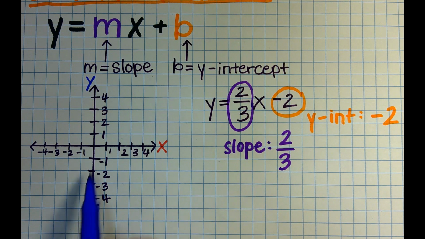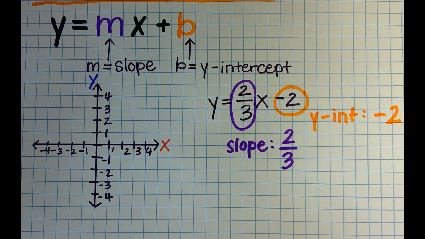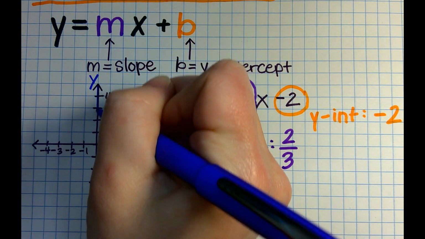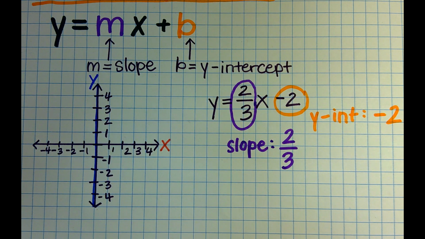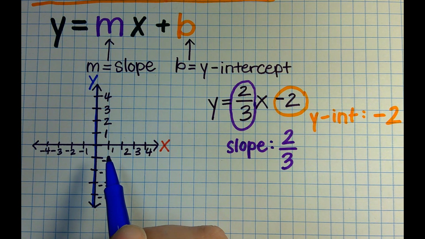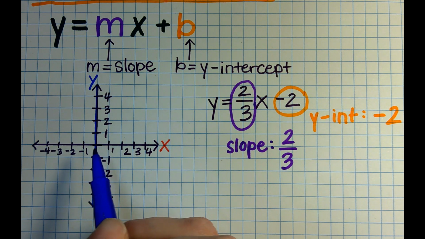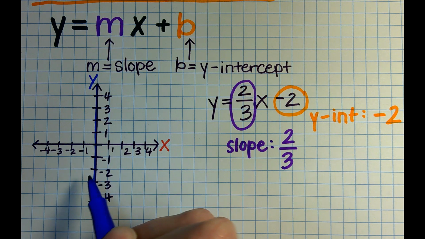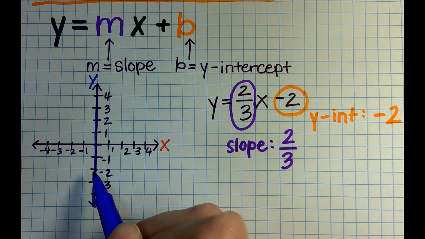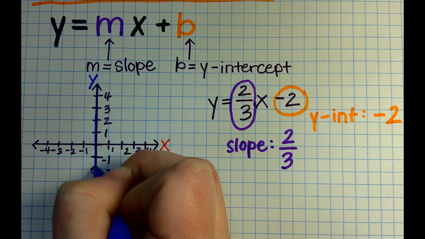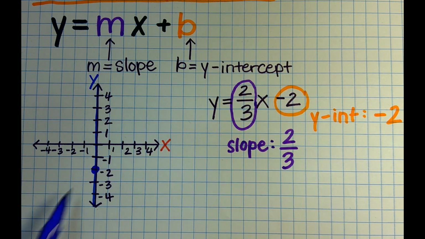I'm going to go over to my graph, and am I looking at the line going up and down or left and right? Up and down. My y-axis goes up and down. If I want to put a point on -2, will I go up 2 or down 2? Down 2. This is my y-intercept. You just graphed it. Very nice.